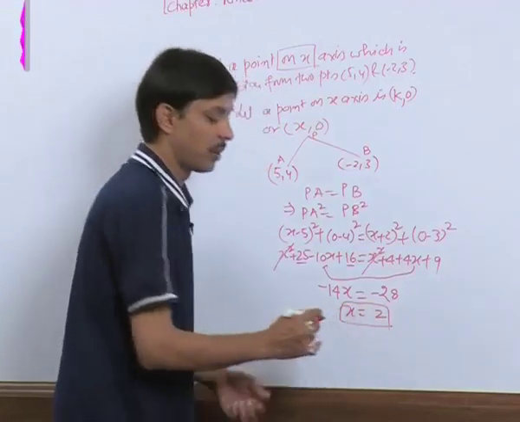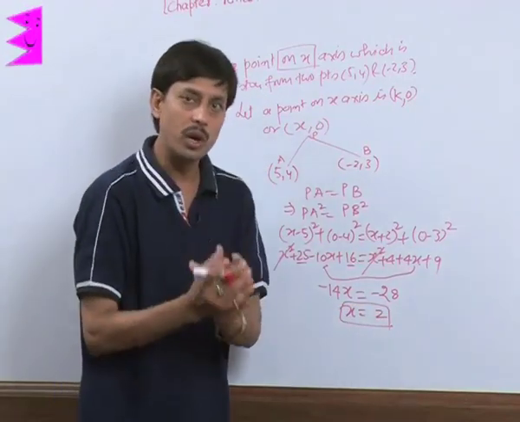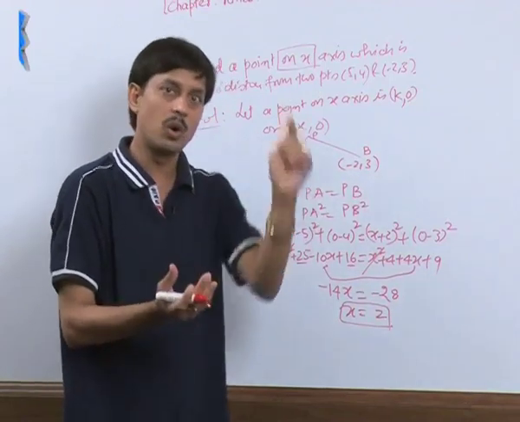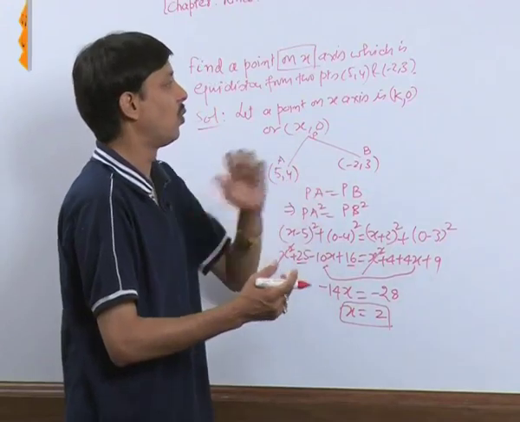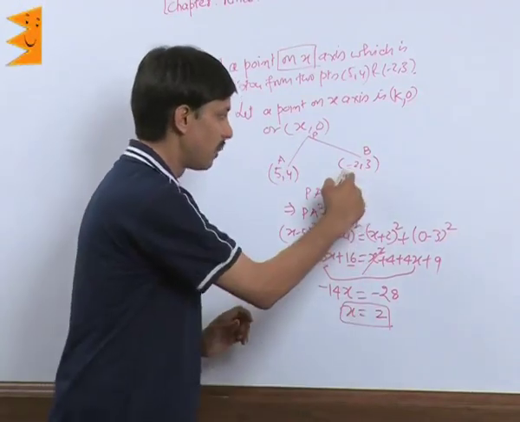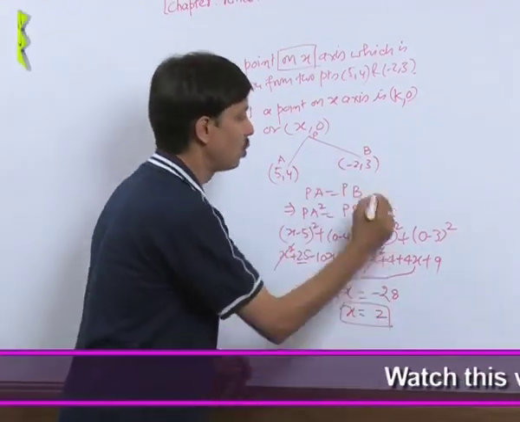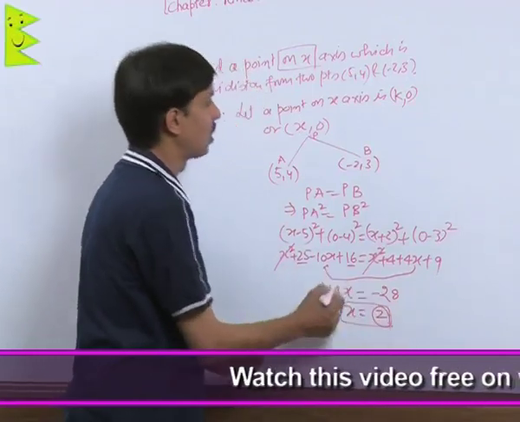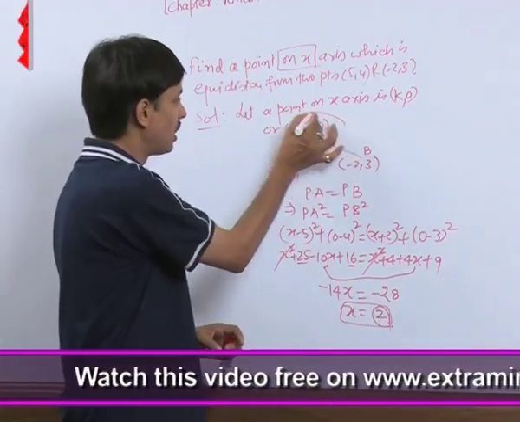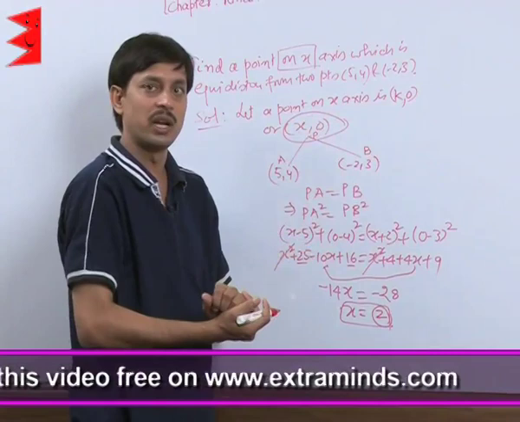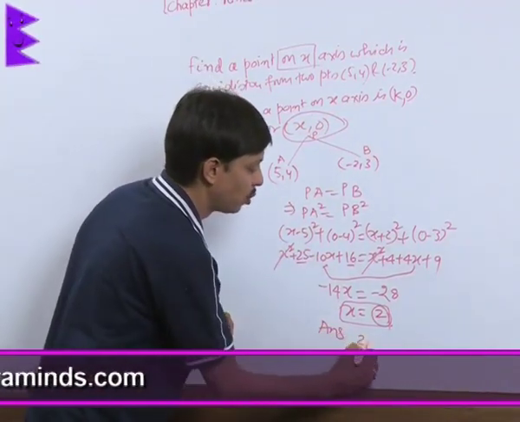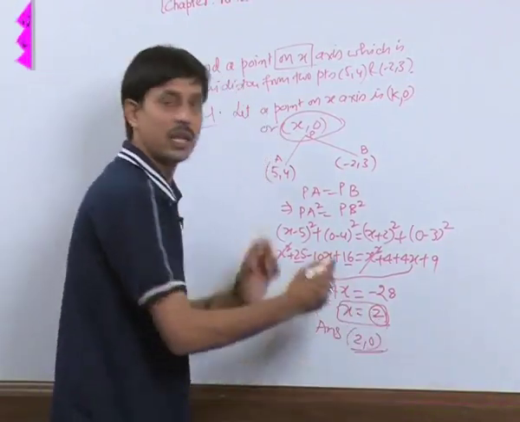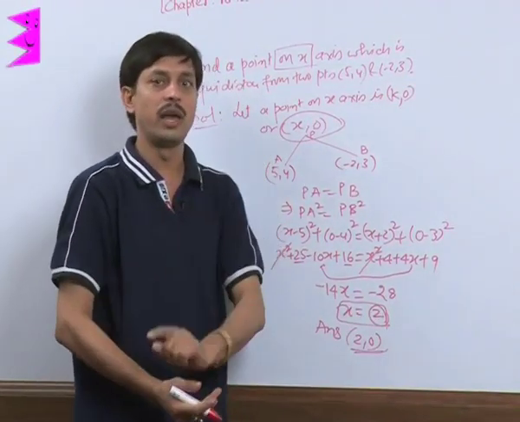The answer of x being 2 means the coordinates of the point lying on the x-axis equidistant from the given (5, 4) and (-2, 3) is (2, 0), because the answer of x is 2 and we assumed the coordinates of that point are (x, 0). So the answer is (2, 0), the point lying on the x-axis and equidistant.